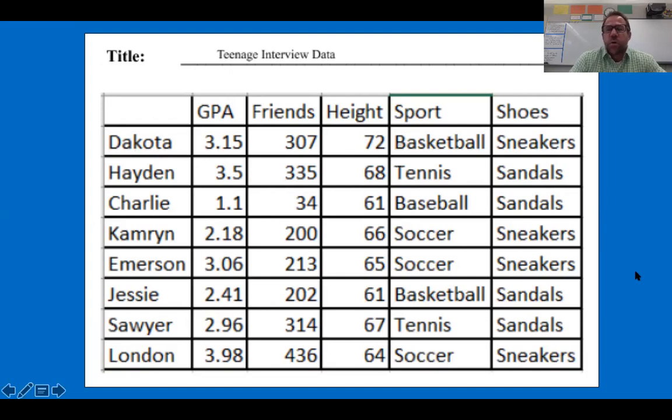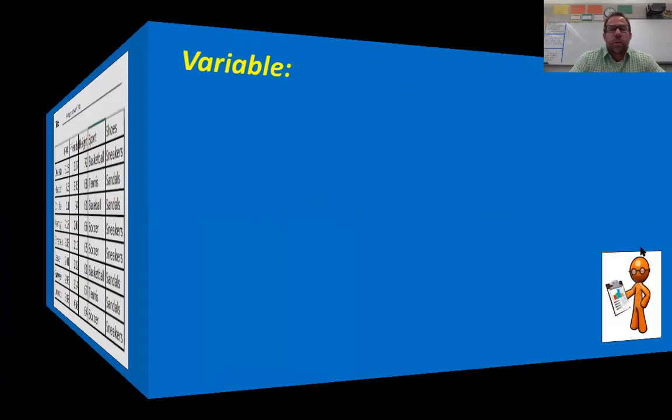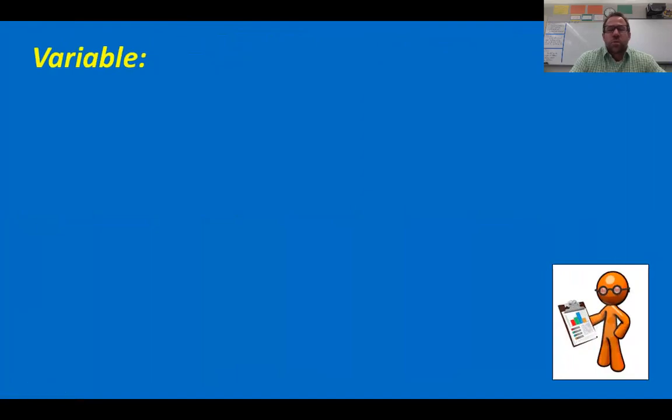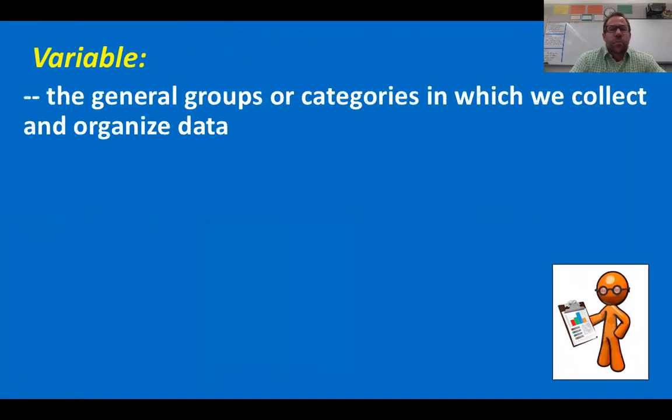I'm going to give you a little bit more of a foundational way to present your data now. So let's go through some vocabulary, and then we'll talk about this spreadsheet idea. So variable. So we talk about variables. Well, what is a variable? Well, it's the general group or categories in which we organize the data.